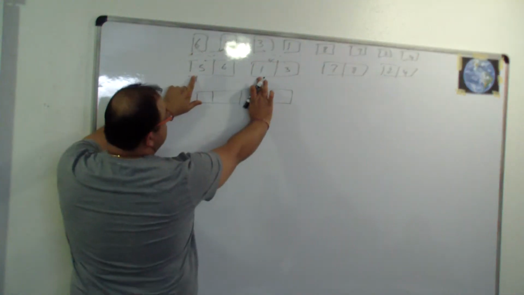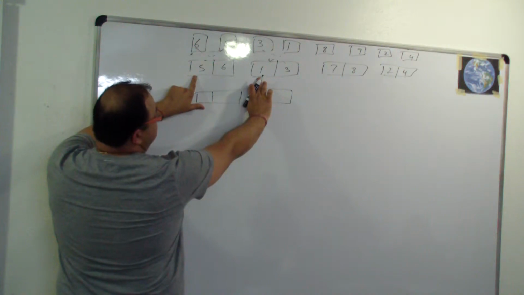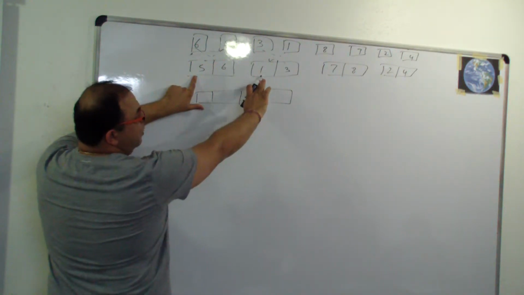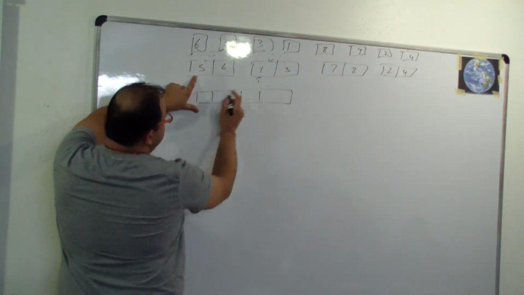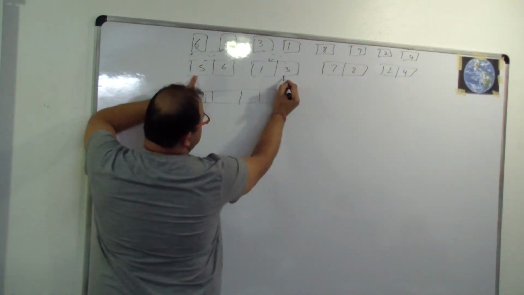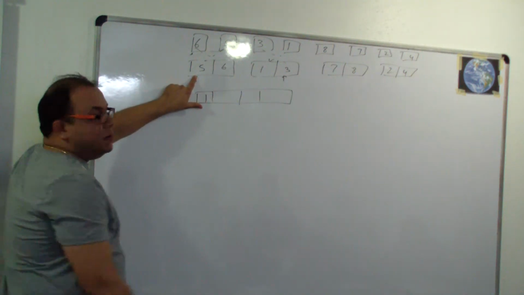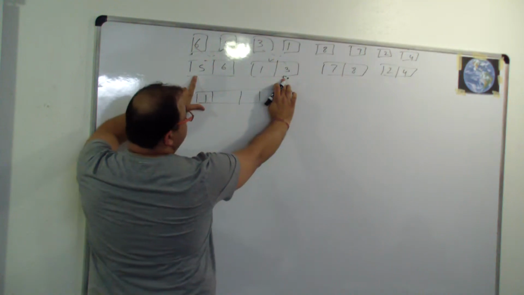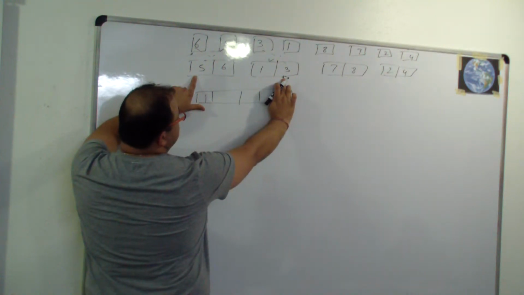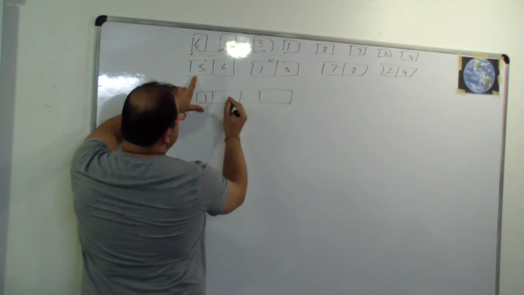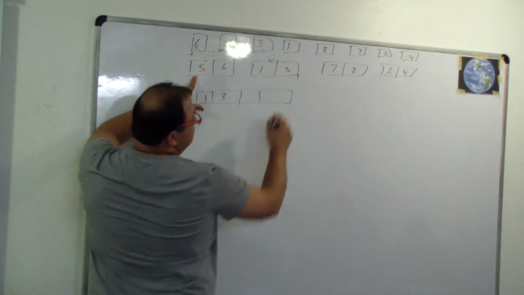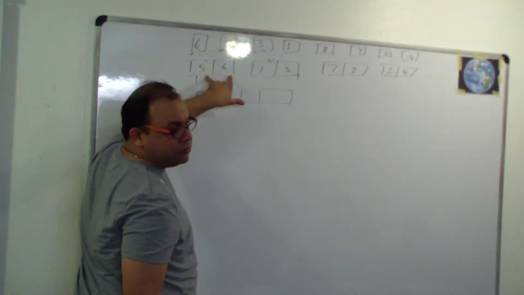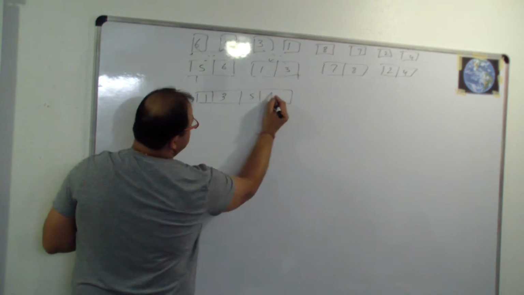Then we compare both values, 1 and 5. Which one is smaller? 1. So we'll put 1 over here and increase the pointer to 3. Then 3 and 5. Which one is smaller? 3. So we'll put 3 over here. This pointer goes out, then the remaining of this I will copy over here, 5 and 6.